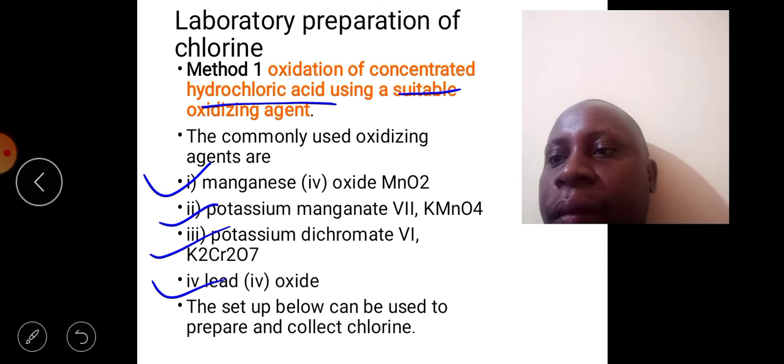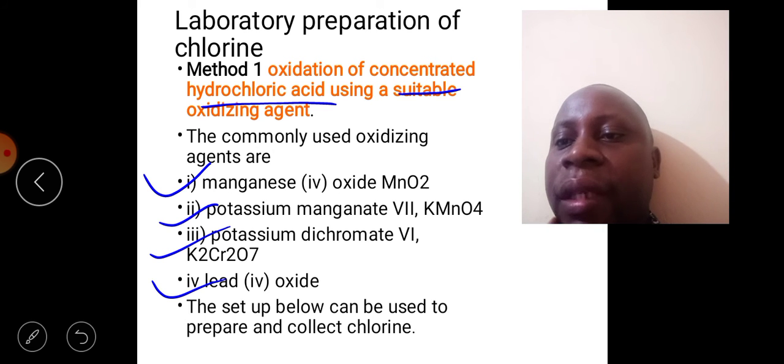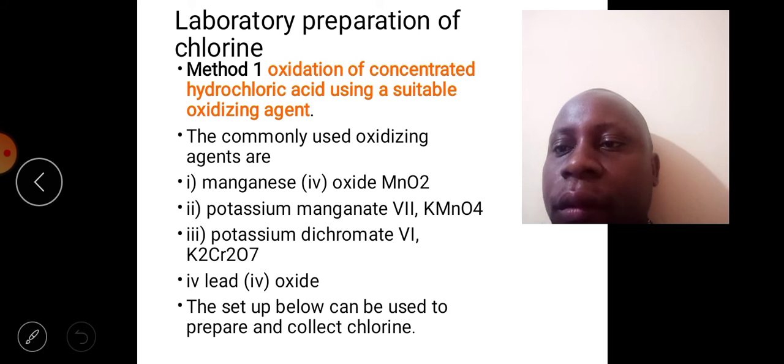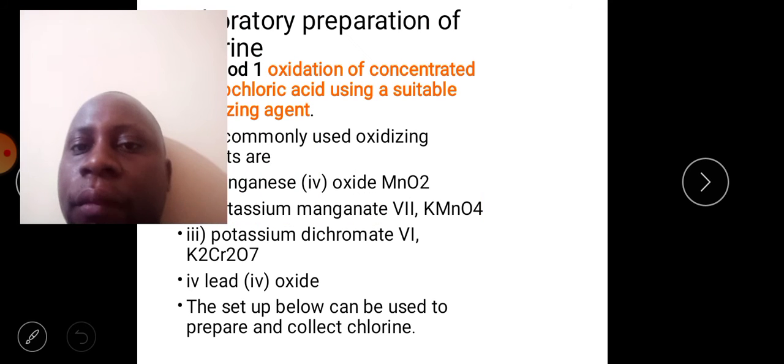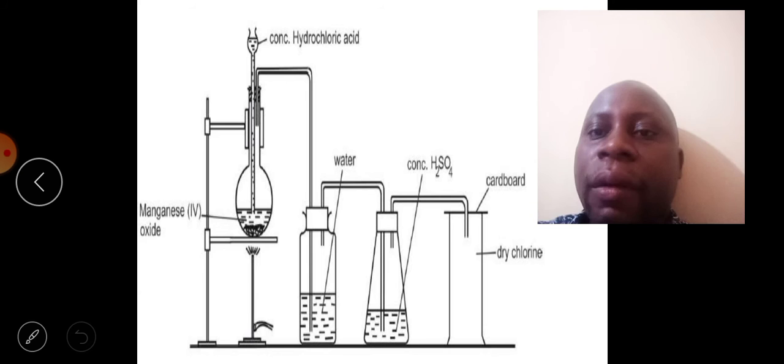Now, we can use the setup below to see how chlorine can be prepared using these particular reagents. So, the setup below can be used to prepare chlorine gas.